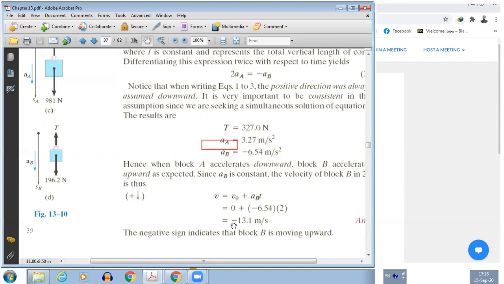So anything which is not clear in the solution of this problem, you can ask. Is the solution of the problem clear?